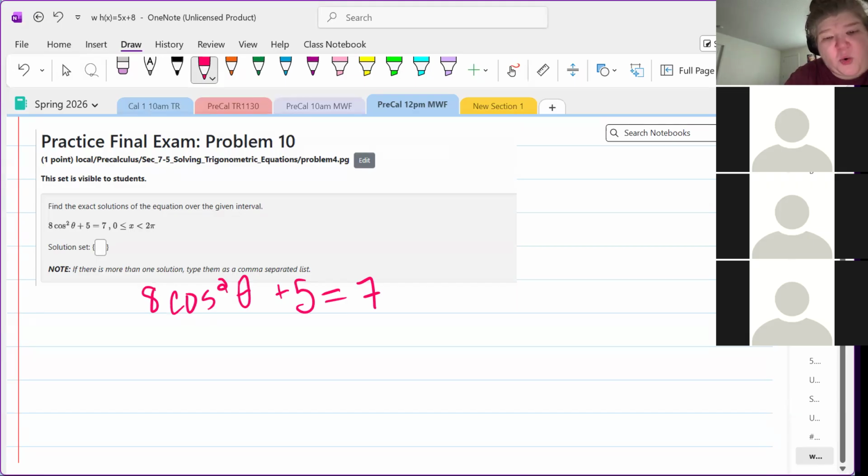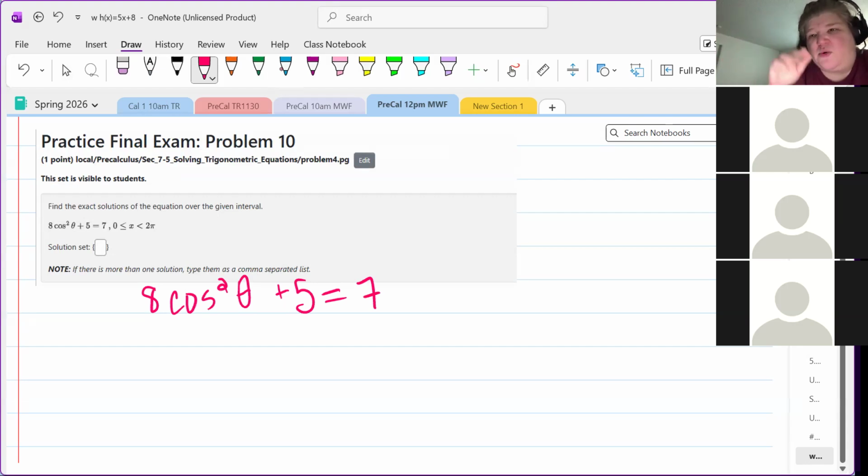So this is a quadratic because it is cosine squared. We have a squared term. So we can get everything on one side so it's equal to 0 and use the quadratic formula. And if that's the way you're most comfortable solving quadratics, absolutely go for it. It works.